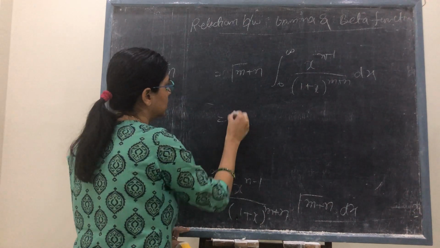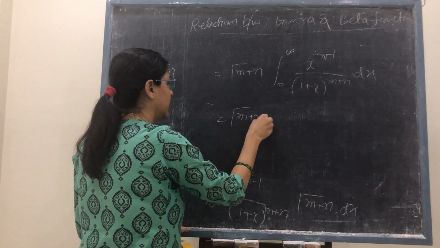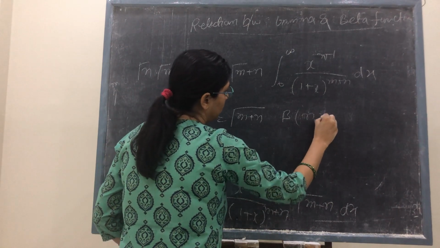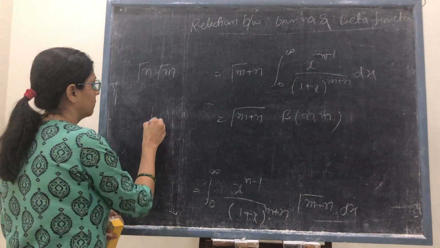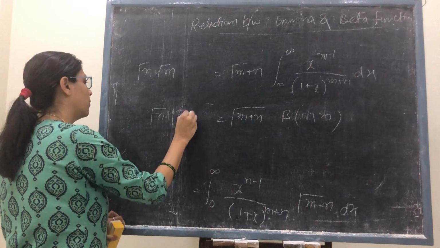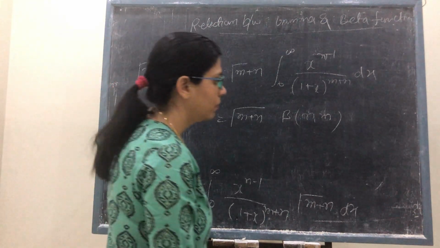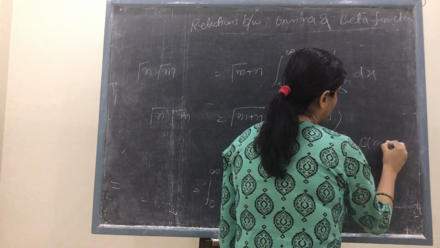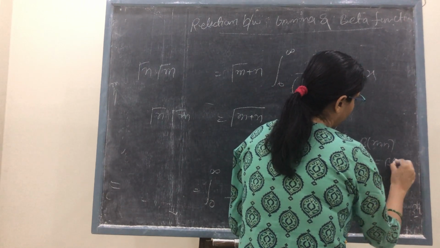This can be written as gamma of m plus n times, from the beta function definition, beta of n, m. So gamma of n, gamma of m. We have studied the properties of beta function, which says beta of m, n equals beta of n, m.